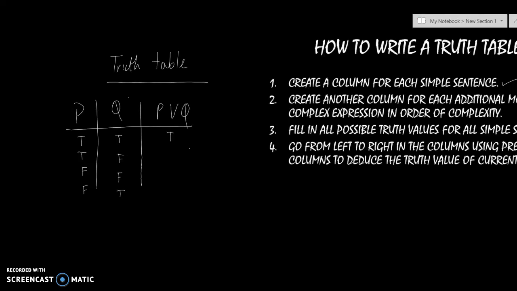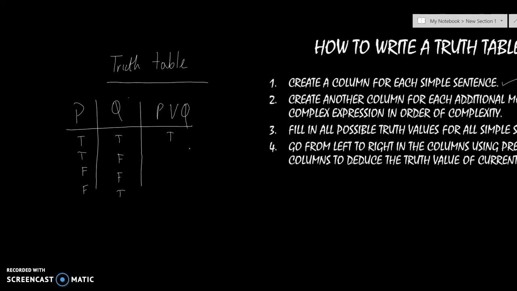Eventually you'll get to the last column. Here I've got a disjunction, P or Q, between P and Q, and step 3 is to fill in all possible values and go through everything.